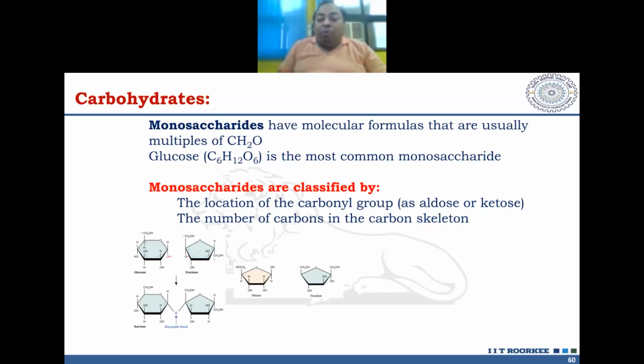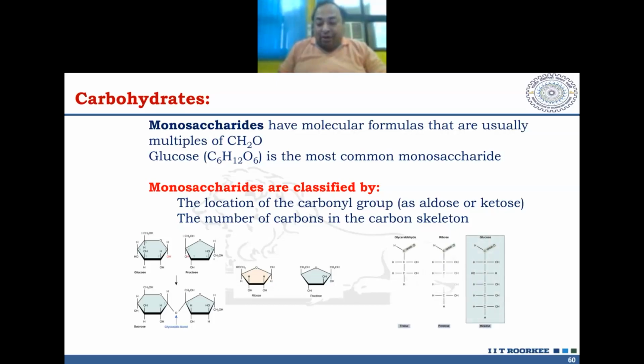Also, by how many carbons are in the carbon skeleton. So if you see here, this is 6 carbon, so it's called hexose. It's 5 carbon, it's called pentose in that way.